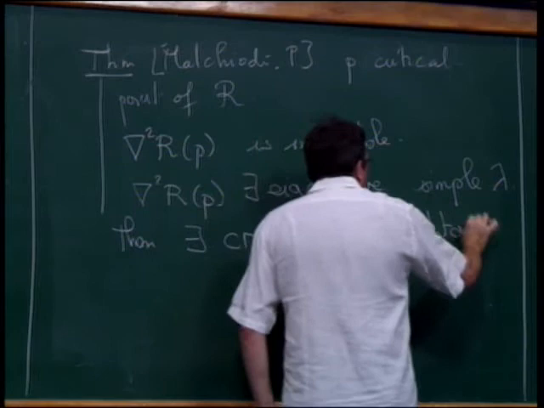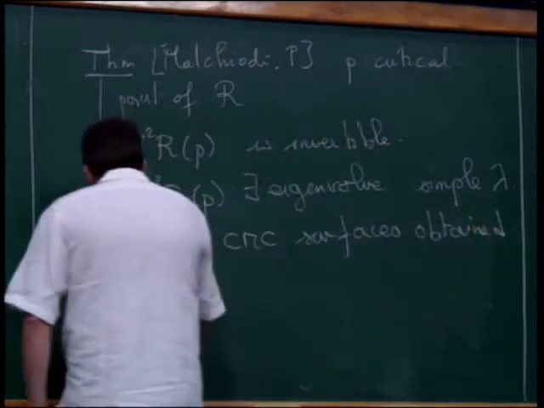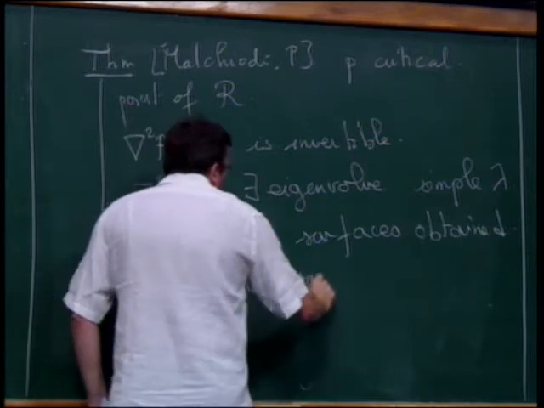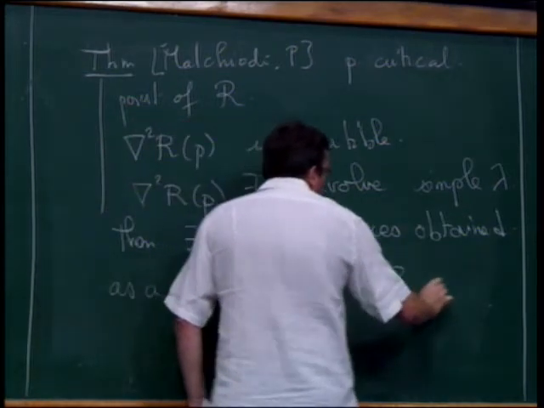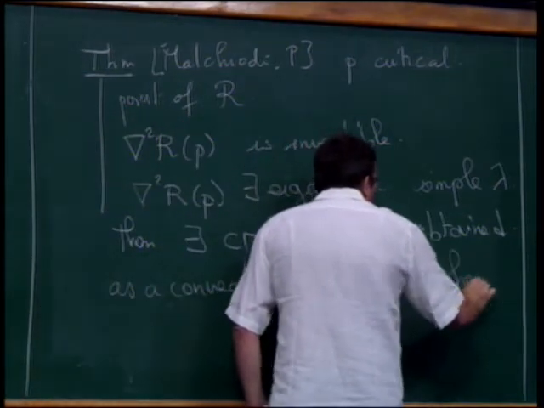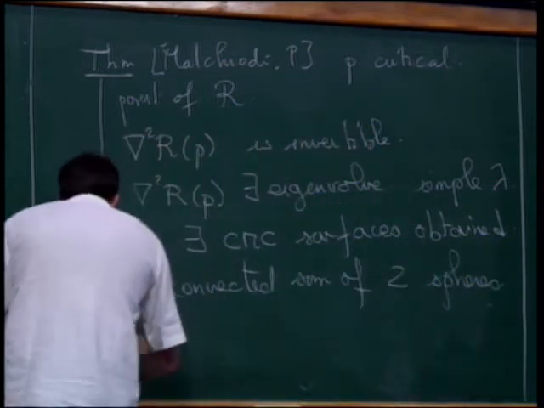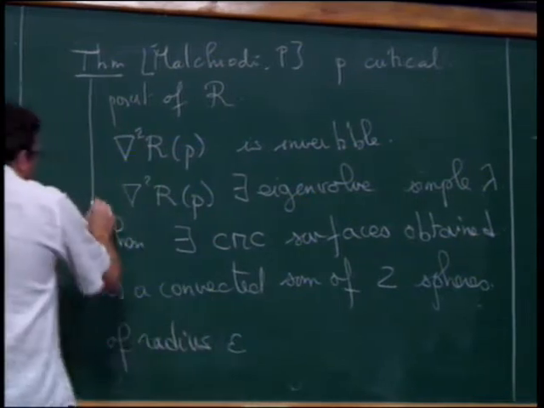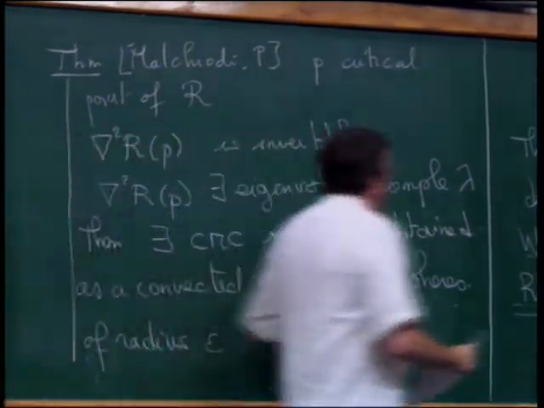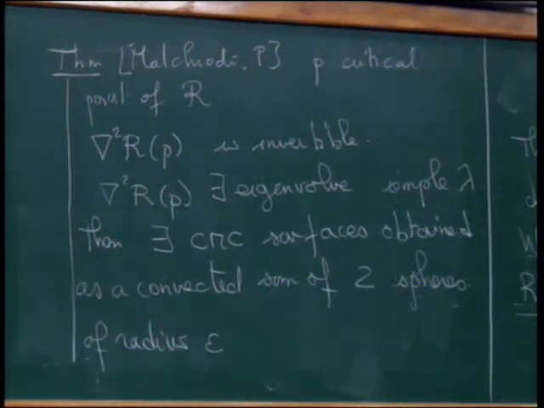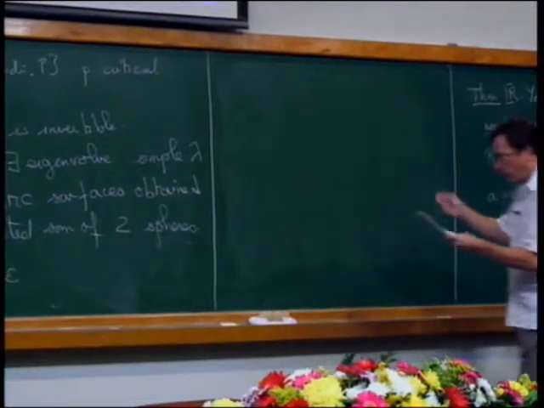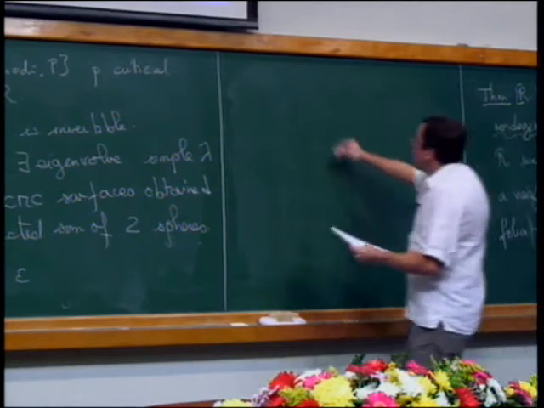obtained as a connected sum of two spheres, geodesic spheres of radius epsilon, in the following way. Let me do a picture instead of a longer explanation.